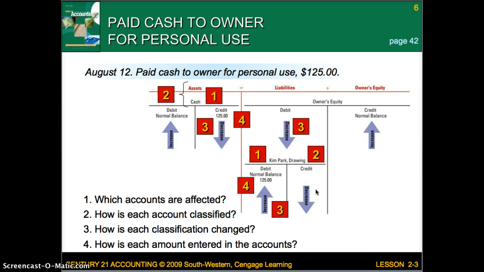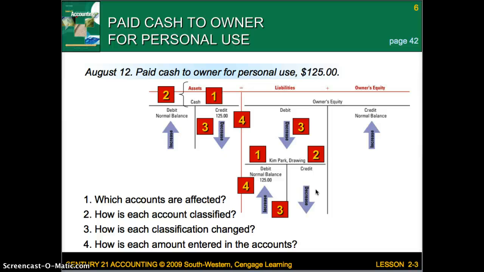I guess we have one more transaction here. On August 12th, we paid cash to owner for personal use $125. Which accounts are affected? Well, my cash is going to be affected because I'm paying cash to someone. What we're going to talk about now is the drawing account, and this should be found on page 42 of your book.